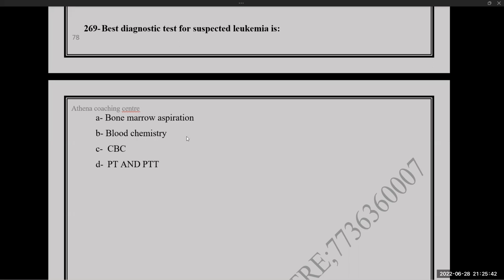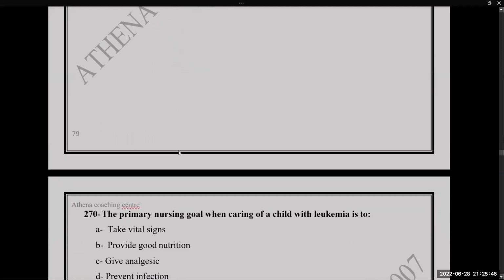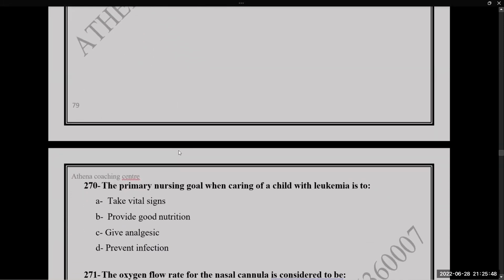Next question. The primary nursing goal when caring for a child with leukemia is, I repeat, what is leukemia? Excessive proliferation of WBCs causes leukemia, a blood cancer.